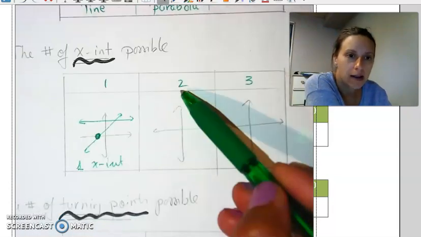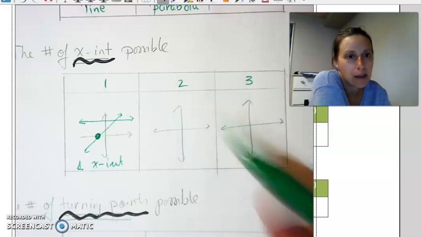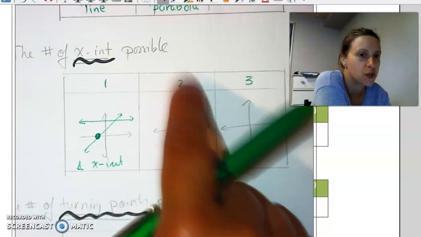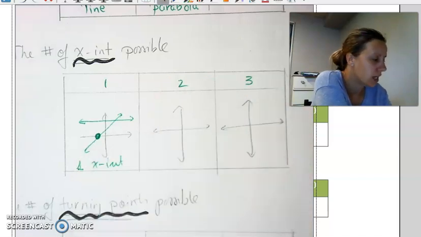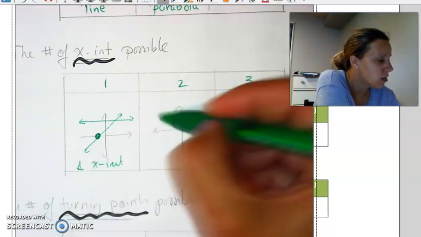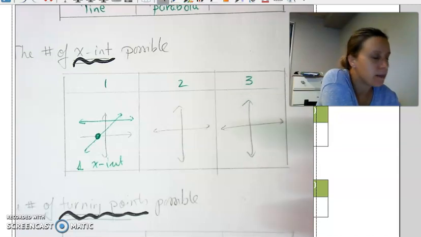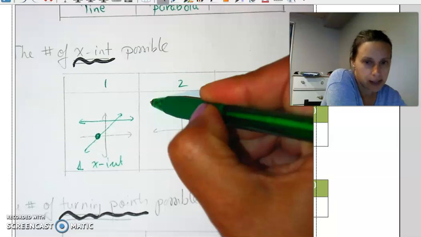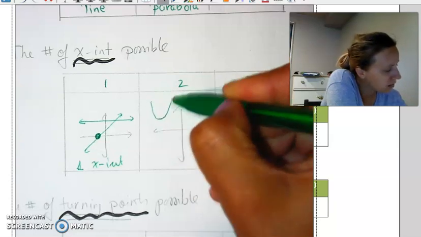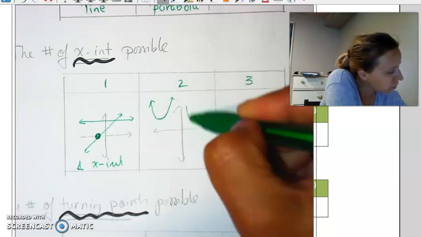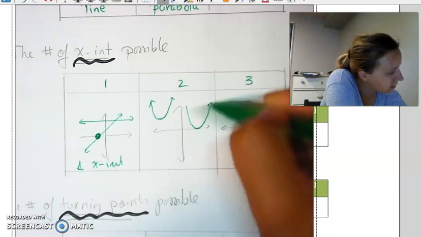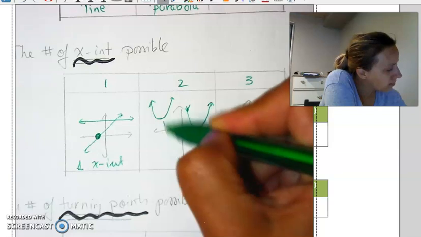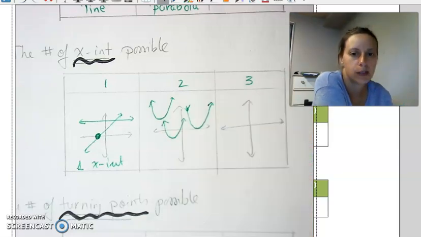Or quadratic can have up to 2. So it's always the number of the degree, okay? It's up to that number that you can get the x-intercept. So here are some possible drawings of a parabola. I'm going to use only parabolas up. So I can have one like that. I can have one that touches the x-axis. And I can have one that crosses the x-axis in 2 spots.